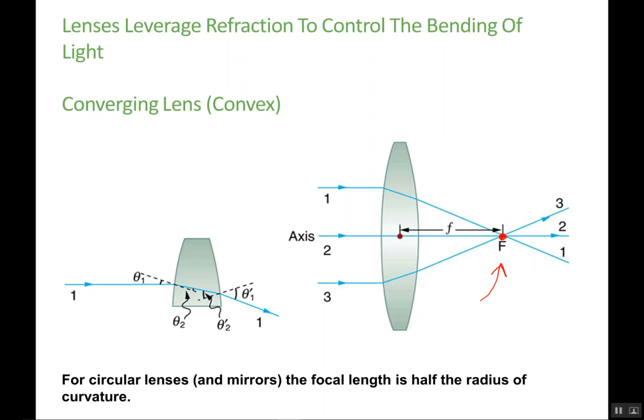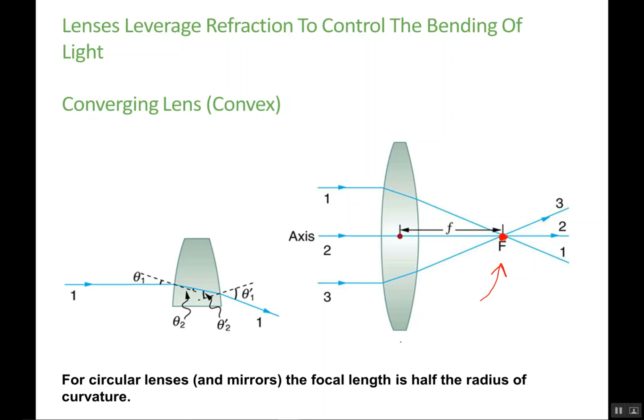I should say that in the real world, because the lens has a finite thickness, the rays will not focus at exactly the same spot. But if the lens is sufficiently thin, they will converge at approximately the same spot in space.